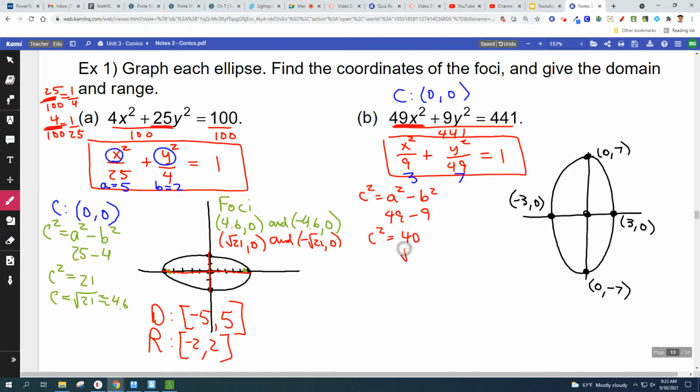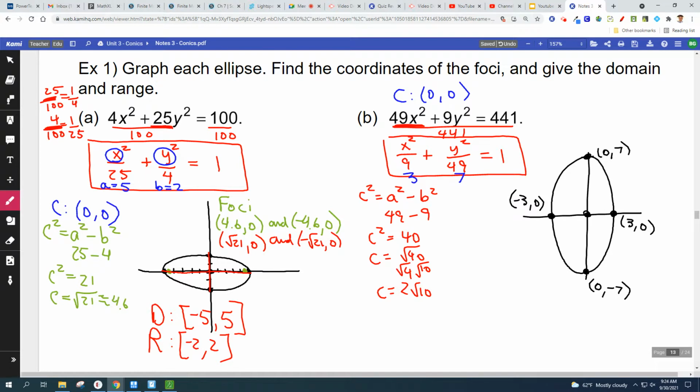So we need to do the square root of 40. And you can simplify that one. 4 times 10, 2 radical 10. C equals 2 radical 10. Now, if you're like me, you have no idea what that means. Square root of 40 is bigger than square root of 36, so I know it's 6 point something.